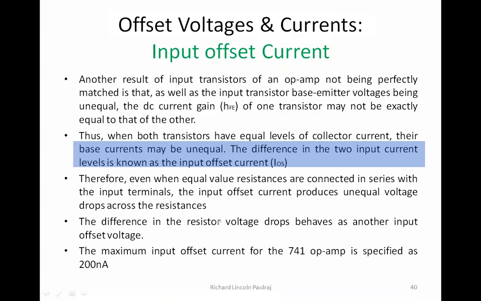The difference in resistor voltage drop behaves as another input offset voltage. So again, it is backfiring. How is it backfiring? Because of different levels of resistors, the voltage levels also change. The maximum input offset current for the 741 OPAMP is specified as about 200 nanoamps.